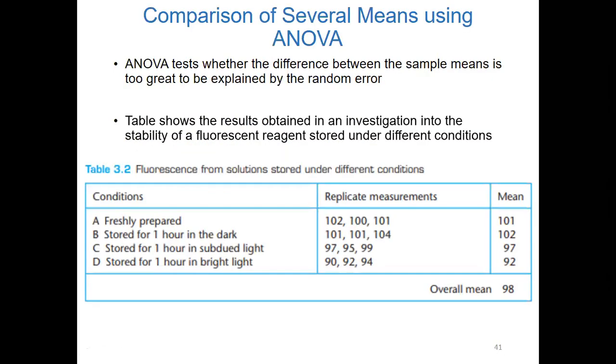So what does that mean? Let's take sample A. We have performed 3 replicate measurements. When we perform 3 replicates, variation can happen. That variation we call the variation within the sample. The same sample, we take replicate measurements, so that is the variation within the sample. The second one is variation between samples.